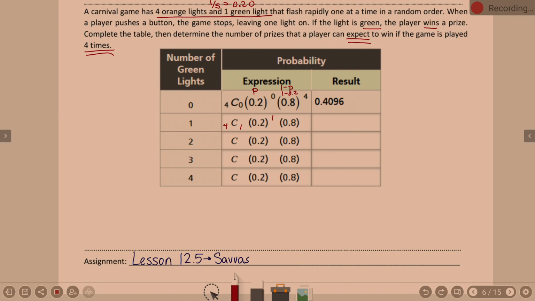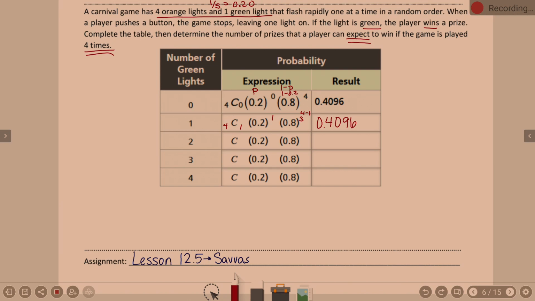It's N minus R, right? So it's 4 minus 1, which is 3. So 4C1 times 2/10 times 8/10 to the 3rd, essentially, which is 0.4096 again.